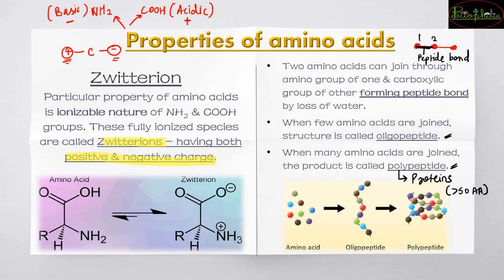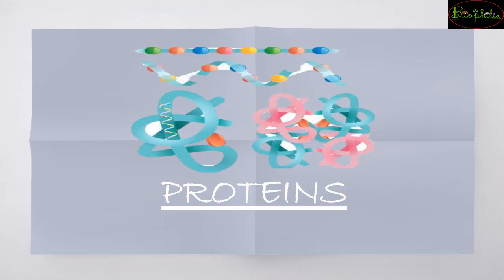Otherwise it is a protein. Proteins जो है उनको 50 से ज्यादा होना चाहिए. If they are less than 50, then it is a polypeptide. And if they are very small, say for example 2 to say 15 या 30 amino acids हैं, so that is an oligopeptide.